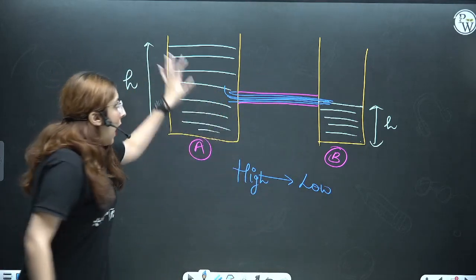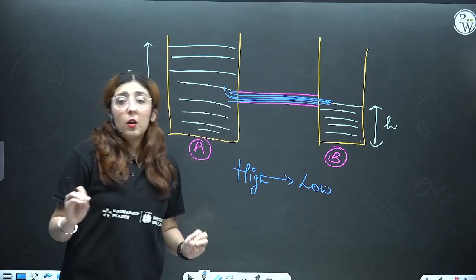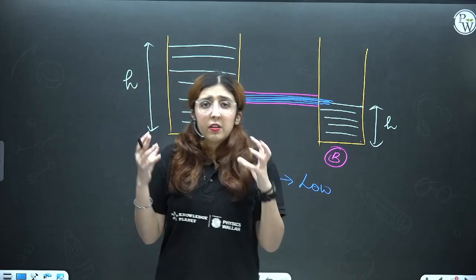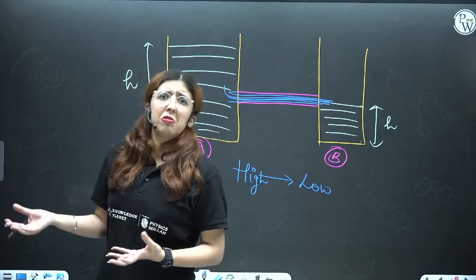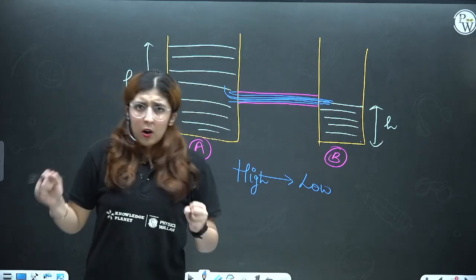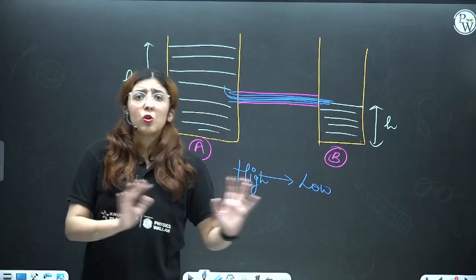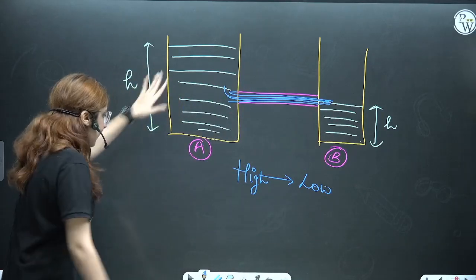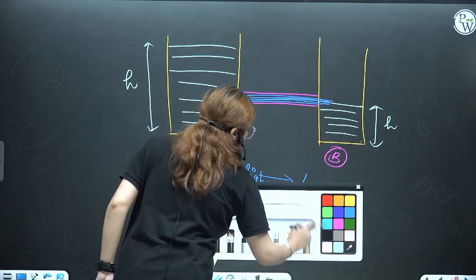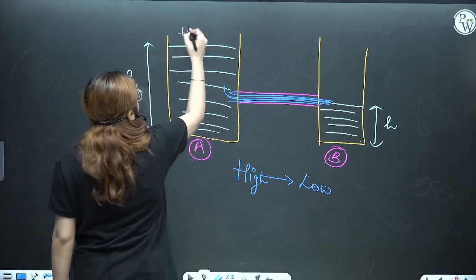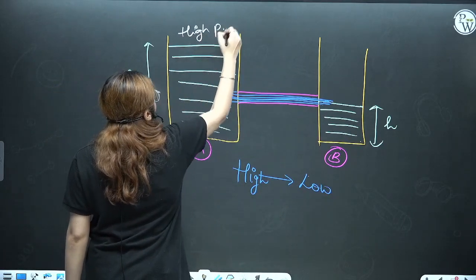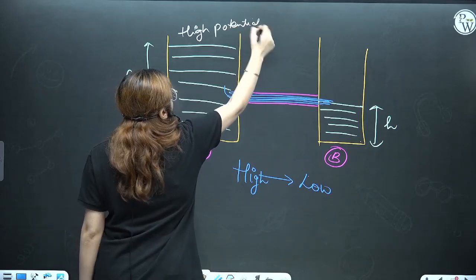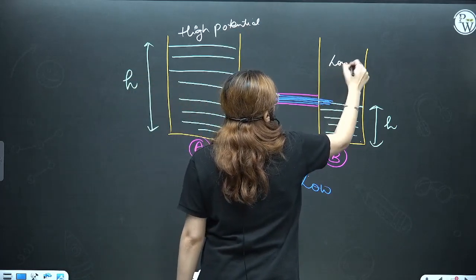Remember everyone, whenever we talk about different scenarios taking place, like air pressure in air, or heat transfer from higher temperature to lower temperature, it is from higher potential to lower potential. Here, the water being kept at higher potential moves towards low potential.